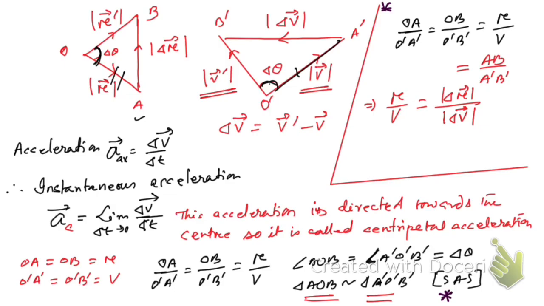So from here, let me write: del R vector is equal to R by V into del V vector. Now let me copy this step and go to the next slide.